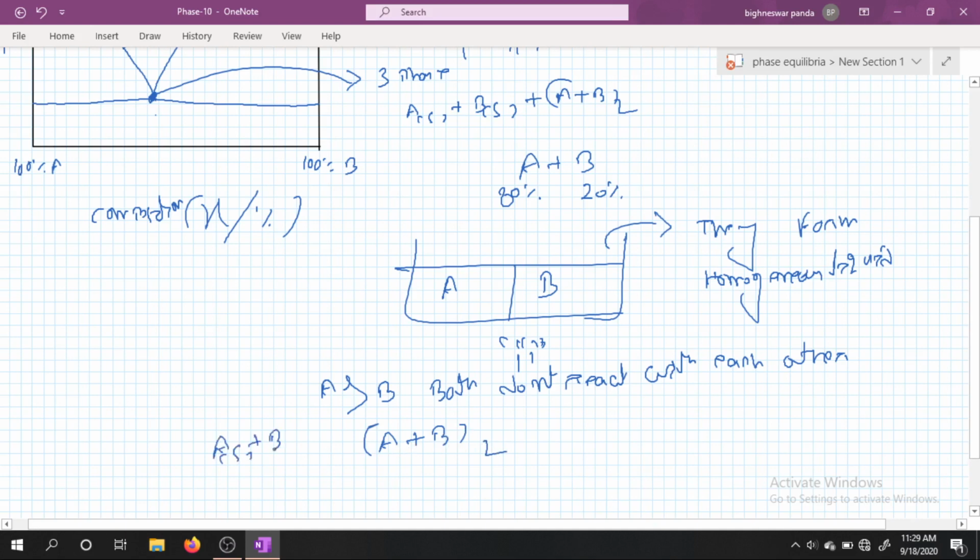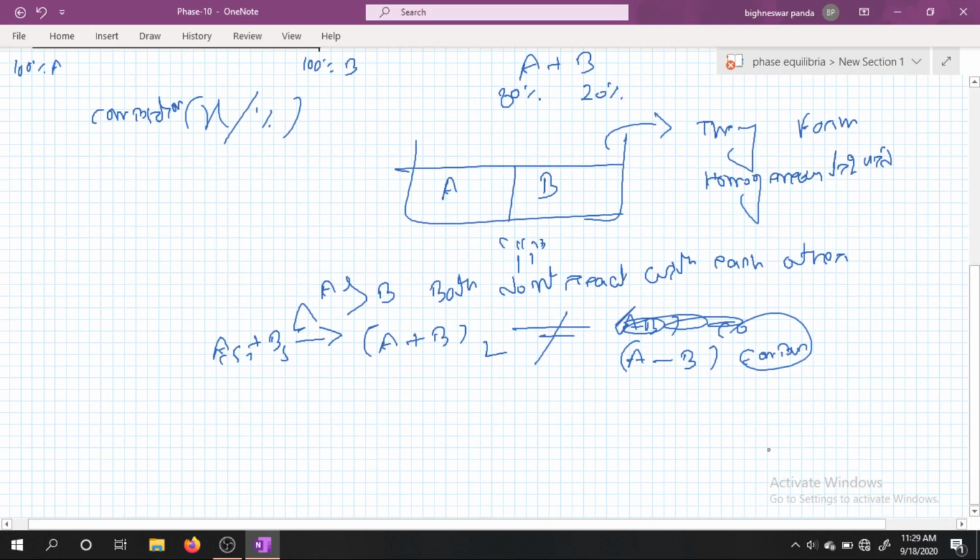A solid, B solid, on heating form A plus B liquid. They do not form a compound, they do not form A bond B.